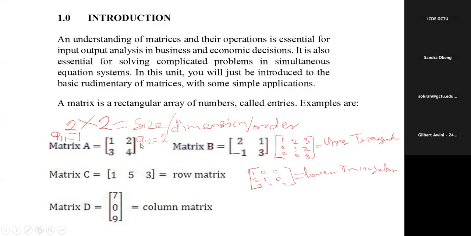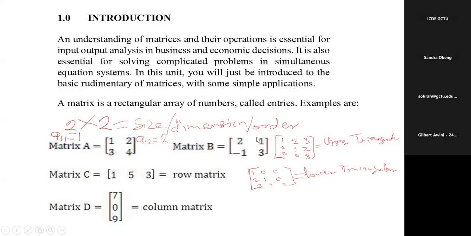So we have 2 rows and 2 columns. First row, second row, so 2 rows; first column, second column, so 2 columns. So this matrix A has 2 rows and 2 columns, and so it is what? A 2 by 2. So if I ask you to tell me the dimension, the size, or the order of this matrix A, you say the matrix A is a 2 by 2 matrix.